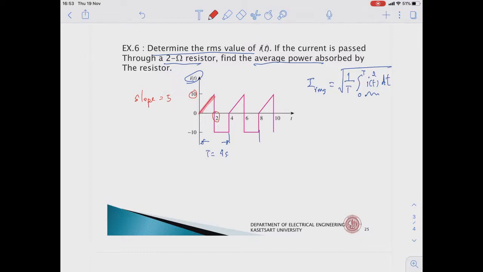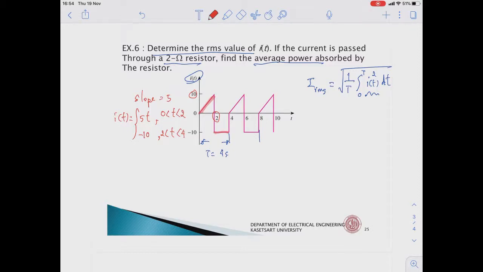So the function of i(t) equals 5t when t starts from 0 and is less than 2, and then after 2 until 4 it is constant, and the magnitude is equal to -10, so i(t) is equal to -10 for t between 2 and 4 seconds.